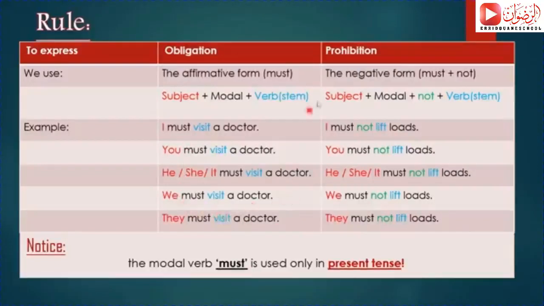Now we move to the prohibition. To express prohibition we use the negative form, must plus not. The order is subject plus modal plus not plus the verb. For example, I must not lift loads.